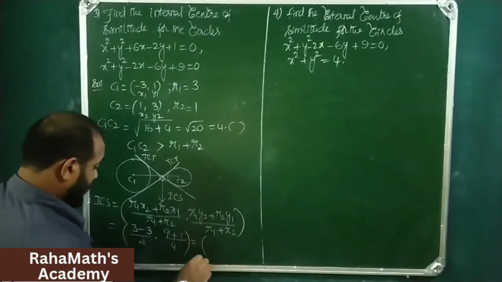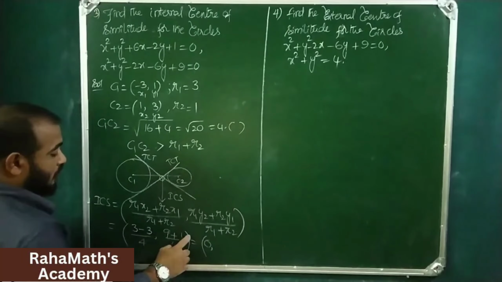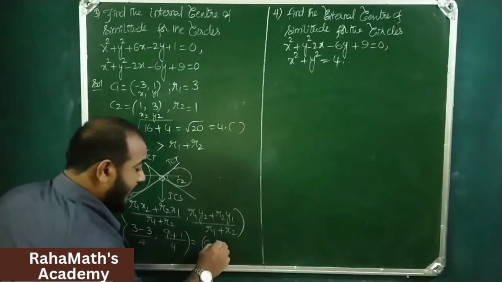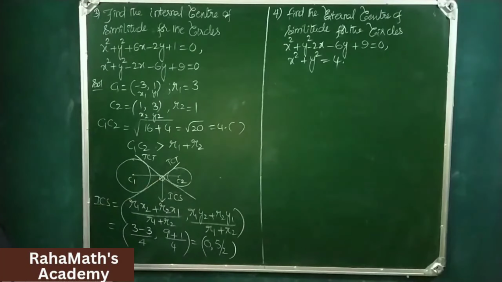That is equal to 3 minus 3, 0 by 4 is 0, comma, 9 plus 1, 10 by 4 is 5 by 2. This is the internal center of similitude.